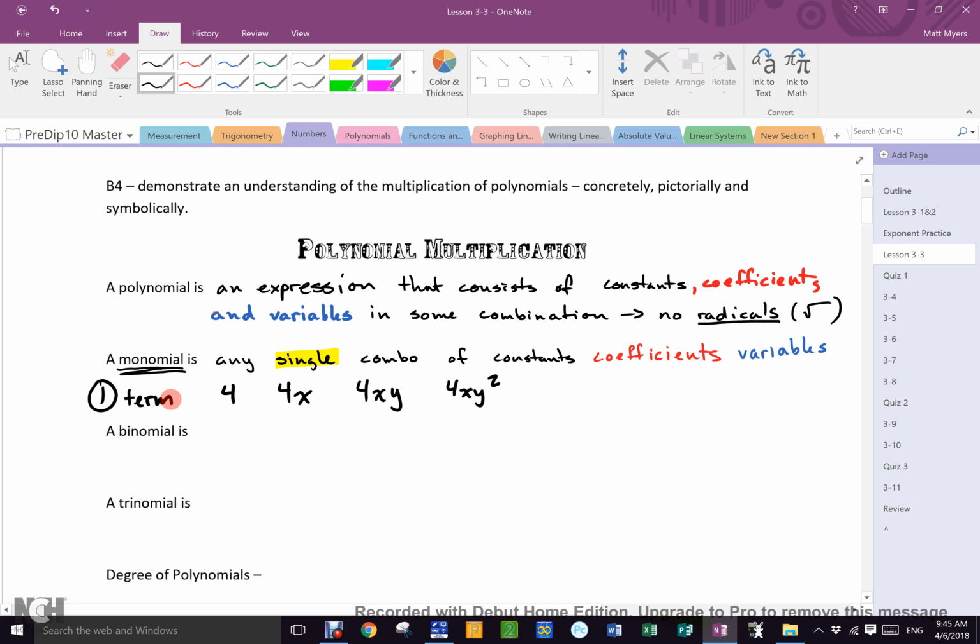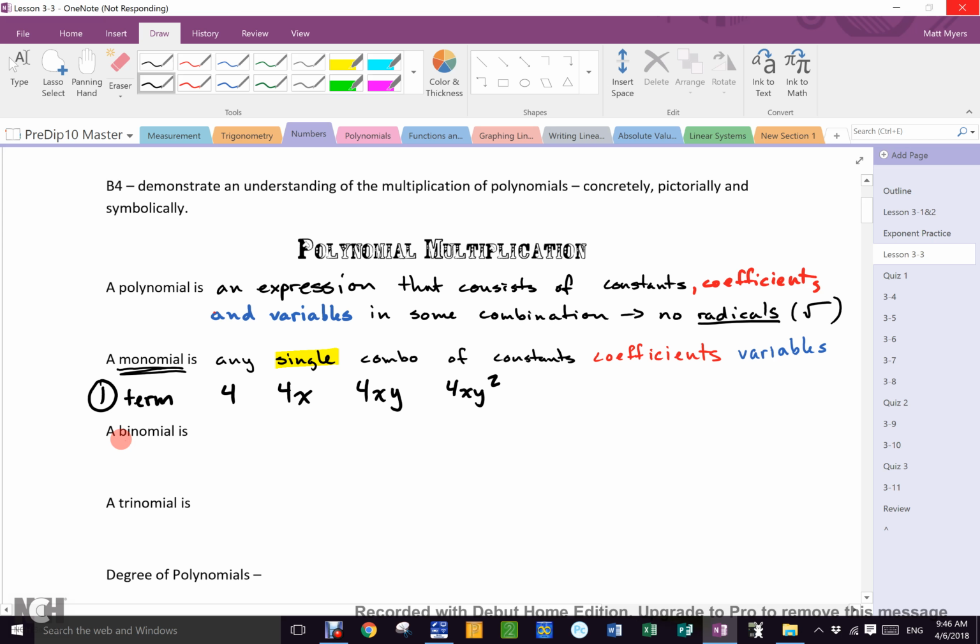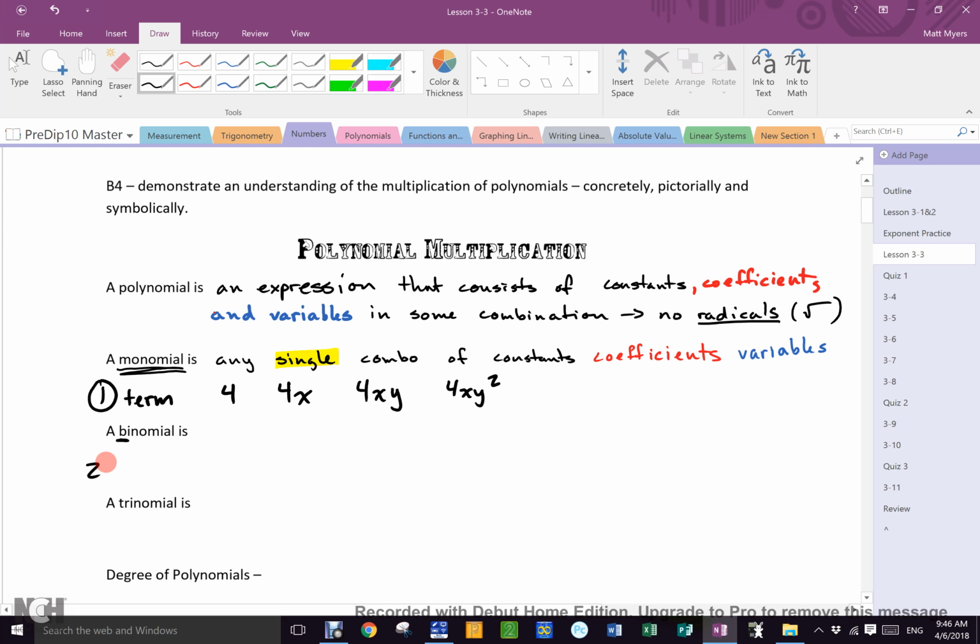All right. Smart people, what must a binomial be? Two terms, like a bicycle has two wheels, or a biplane has two wings. A binomial is two monomials.